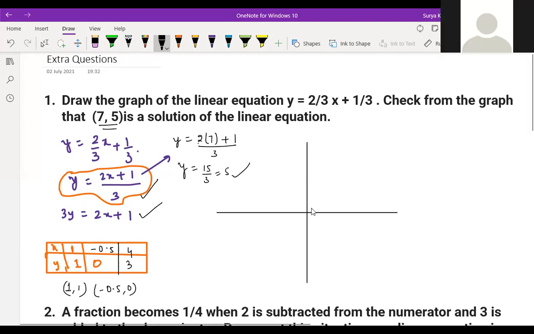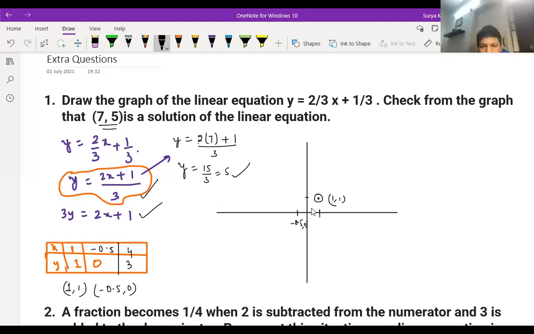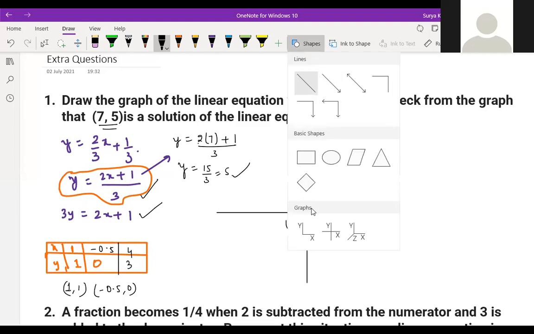Suppose 1, 1. So here 1 is there, here also 1 will come. So 1 is this point, correct? This I'm writing as (1, 1). Second one is (-0.5, 0). It means minus 0.5 will come somewhere here. Correct. (-0.5, 0) will come like this. Yes, sir. So your line will be somewhere like this.